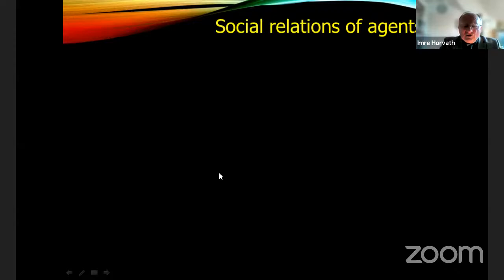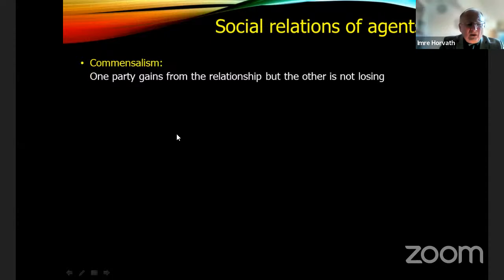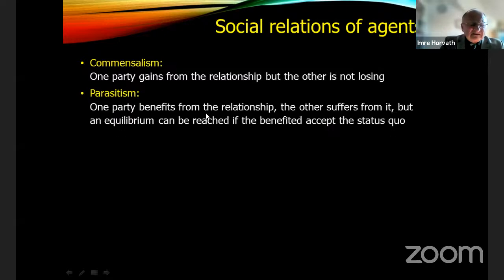Then the social relations, so not just characteristics, but relations can also be identified with multiple agents. One is commensalism, when one party gains from the relationship, but the other is also not losing. Parasitism, when one party benefits from the relationship and the other suffers from it, but an equilibrium can be reached if the benefited accepts the status quo.